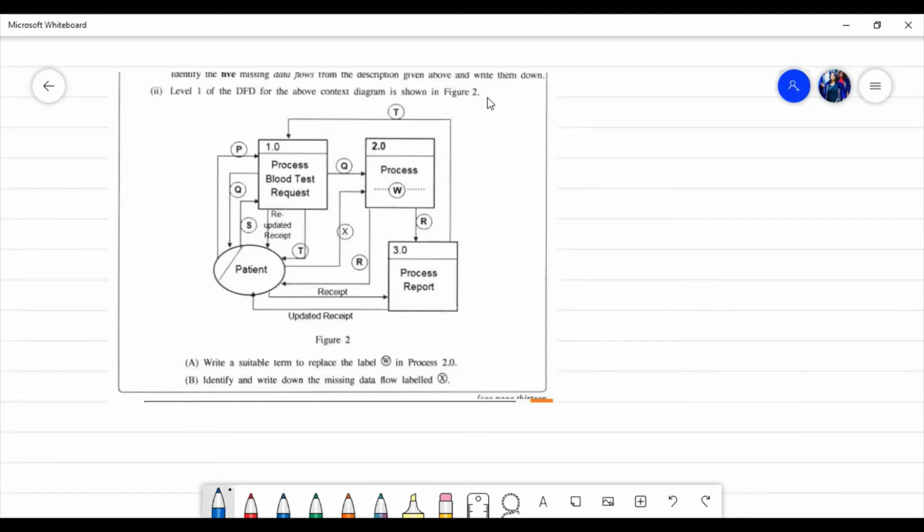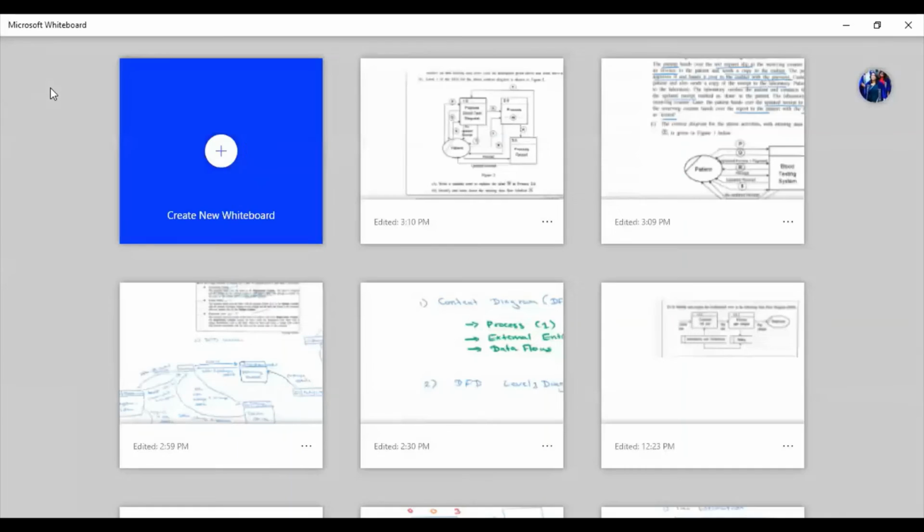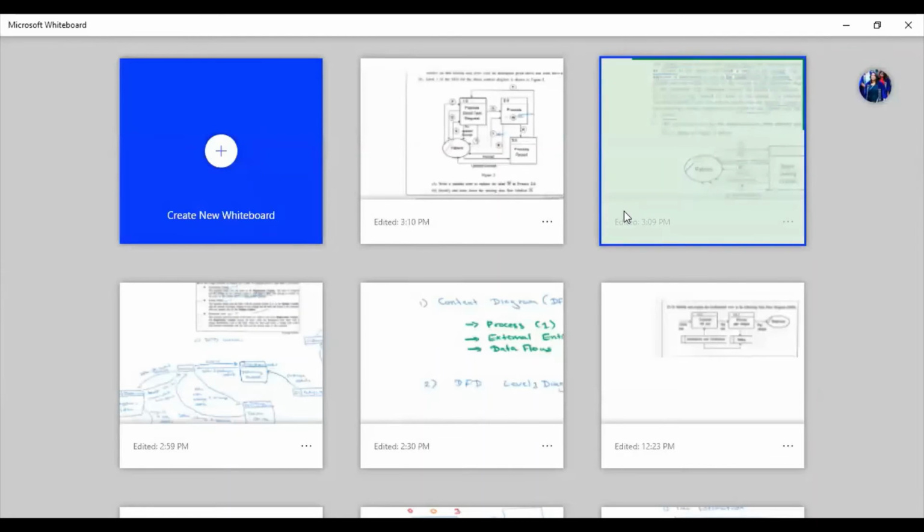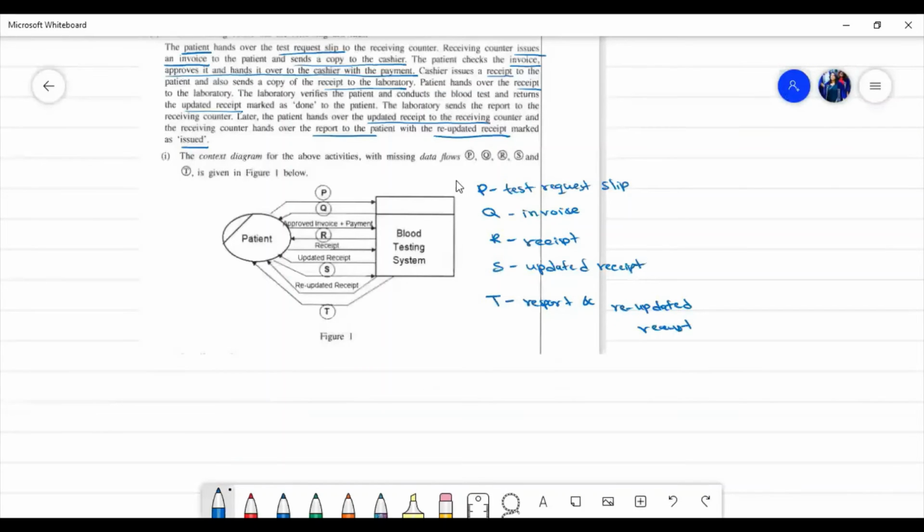Write a suitable term to replace the label W. We need to find out what this process is, and then identify and write down the missing data flow labeled X, for the patient's second process. I don't have the question with me, so let's take the question.